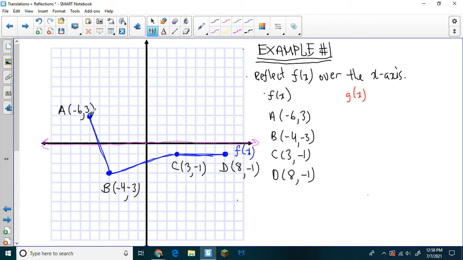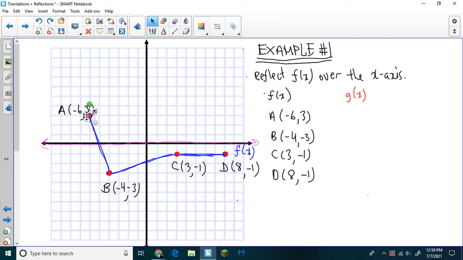For this point to reflect over the x-axis, the x value stays the same, but the y value has to be the opposite sign, has to be switched. So if I erase this, I'm just going to put these dots here, and then I'm going to move them.